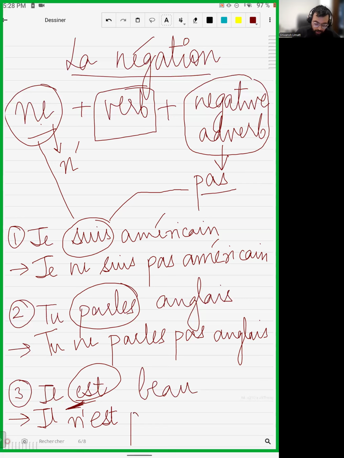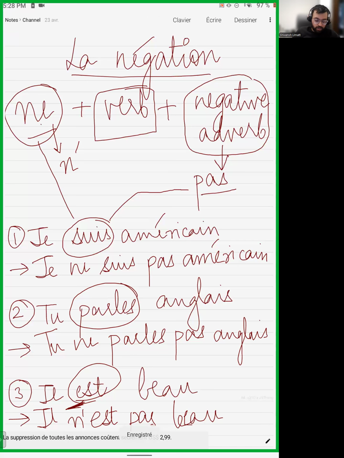Not only is it going to be written together, it is also going to be read together. Il n'est pas beau. He is beautiful. He is not beautiful. Il est beau. Il n'est pas beau. Il est. Il n'est pas. Okay, so we simply add the sound ne before the verb.